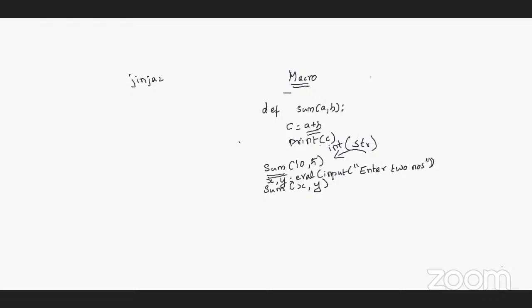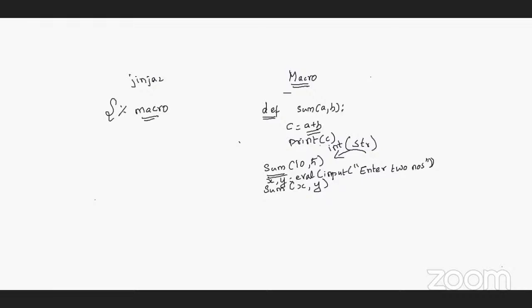In the Jinja 2 representation, start with a curly brace, percentage, and macro is the keyword to define it, and then the macro name. Here in Python we use def; instead of that, we use macro here. Ma'am, in Python the macro word will not be used, only def?